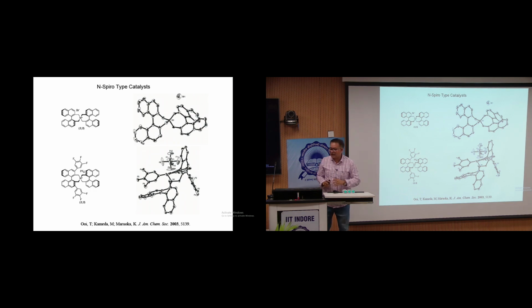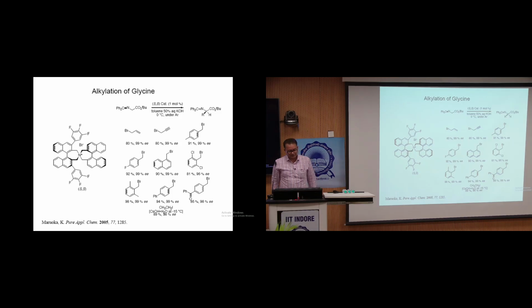Later on, this has become, I think, one of the most stalwart catalysts for inducing enhancer selectivity. Pure Applied Chemistry in 2005, one of the first reports where they were working on protein chemistry, and they show that they use this backbone, ammonium bromide, for the first time, or I would say today we call it Morocco catalyst, in alkylating this position of imines.